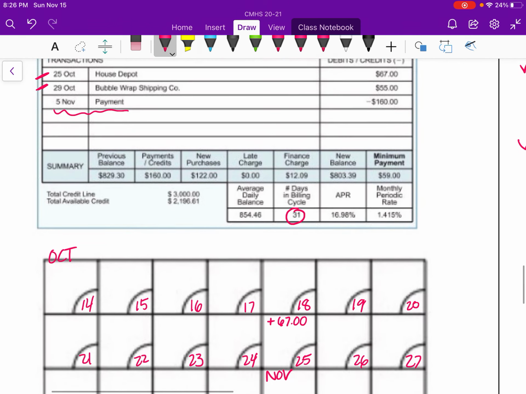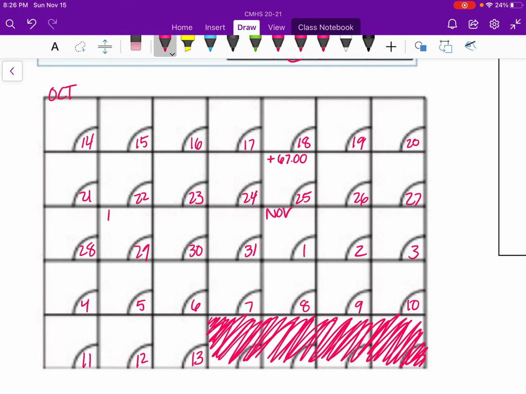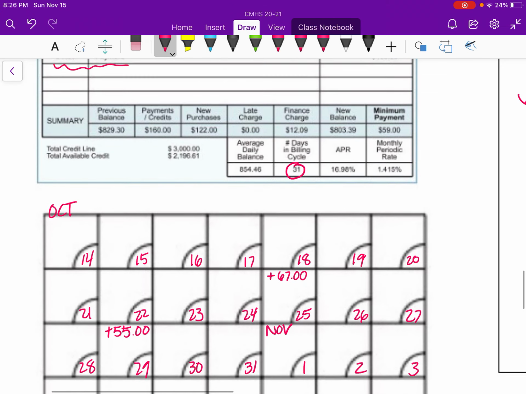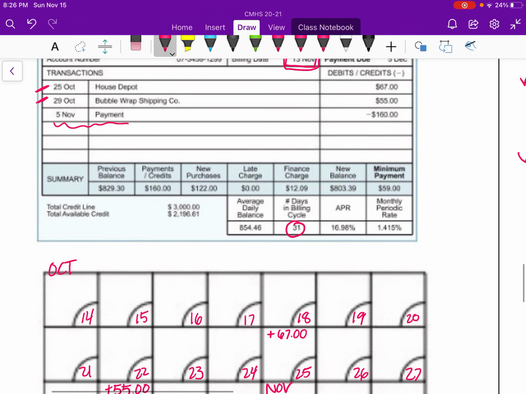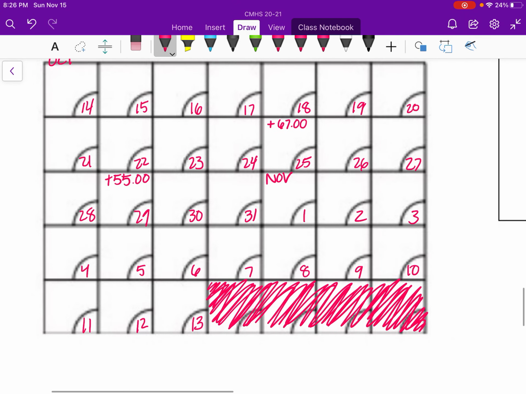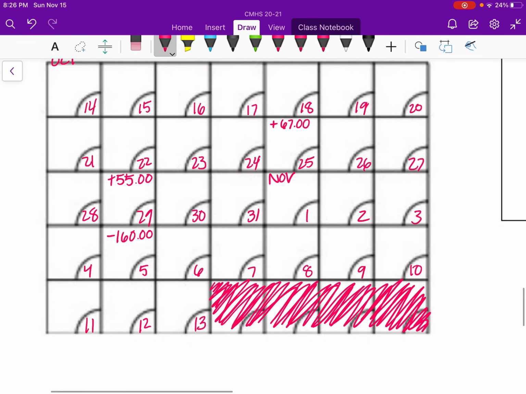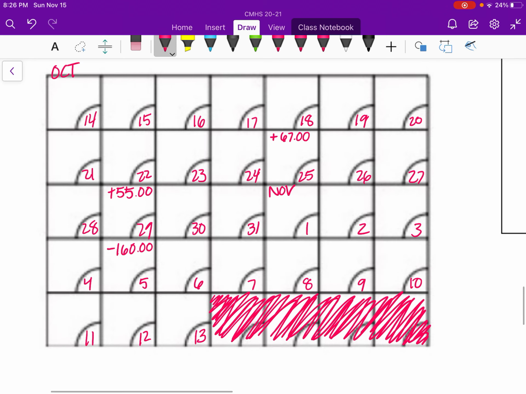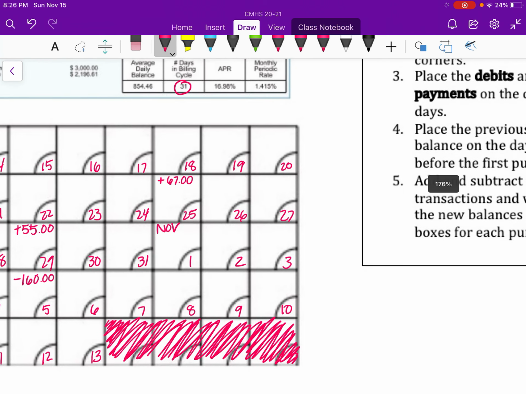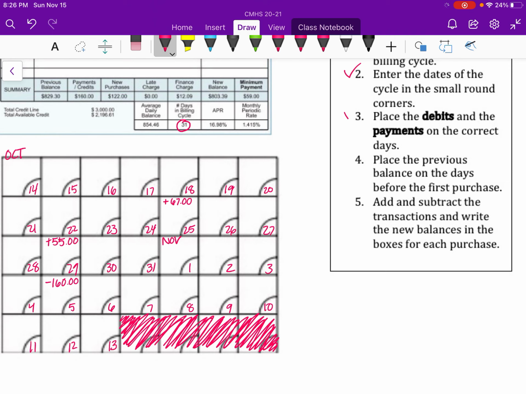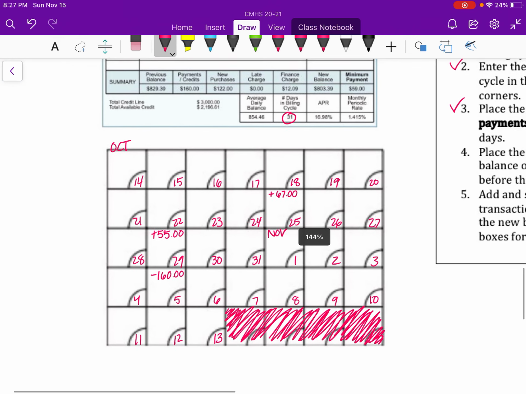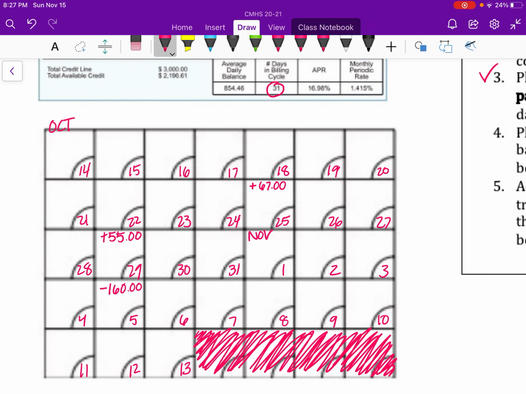Then October 29th, $55. October 29th plus $55. And then my payment was on November the 5th for $160. November the 5th, $160. And remember, that is a minus because we are subtracting. So that is step number 3. Place the debits and the payments in the correct days. Put them at the top because we are going to be writing something underneath of them.